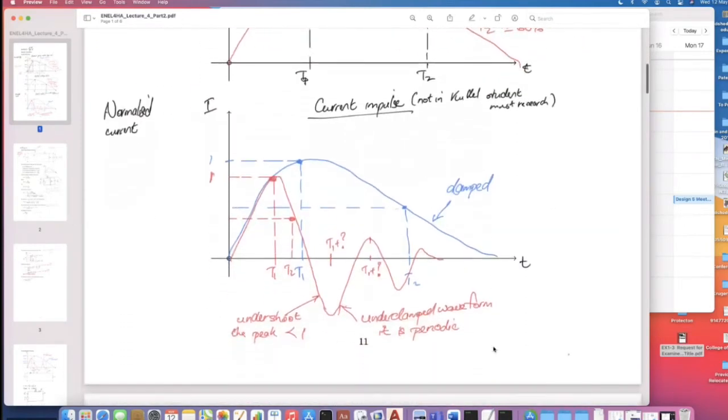We're going to look at some current impulse waveforms. We're just going to define it here, and then we're going to look at it a little bit later. There'll be a video note that comes up. Right, so let's start with the axes. We've got a normalized current I and T. We've got the blue current there.